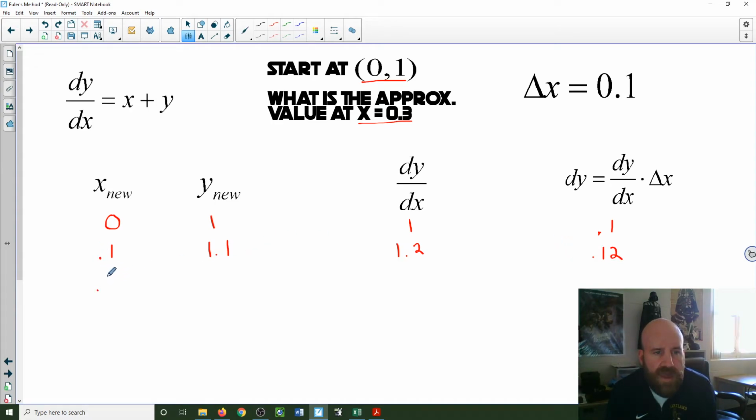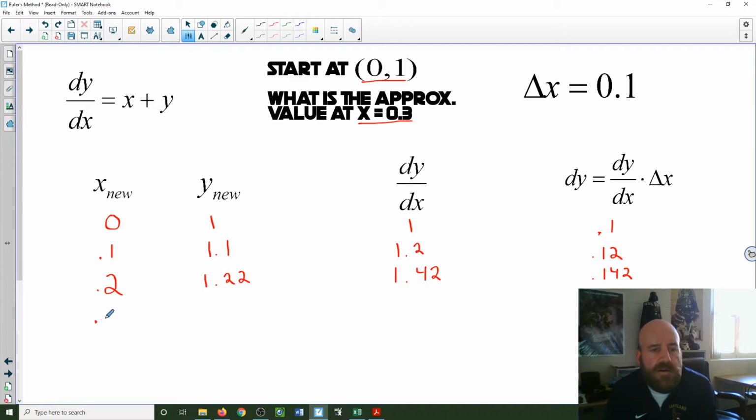So add 0.1, so we're at 0.2, and then we add our change in y, so we end up with 1.22. Add them together, so we end up with 1.42 for our slope, and then multiply that by 0.1, so 0.142.